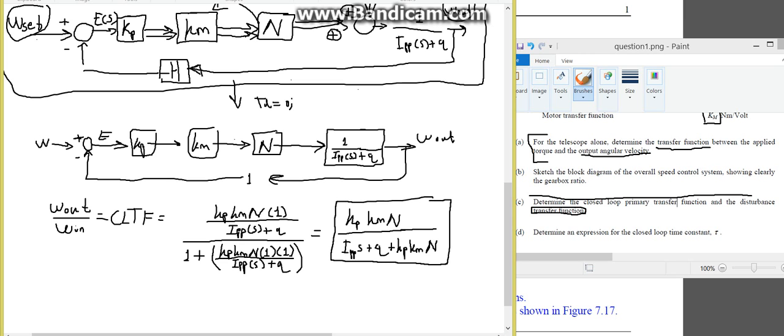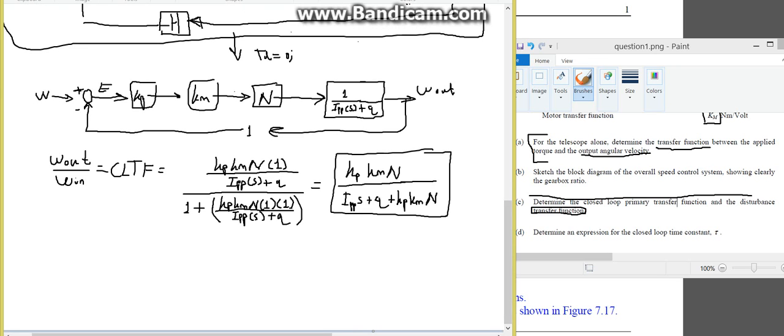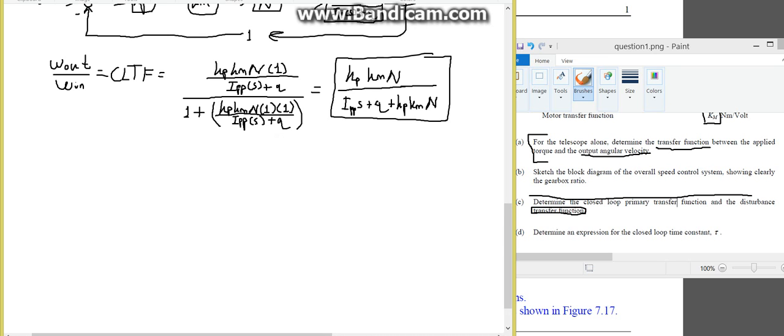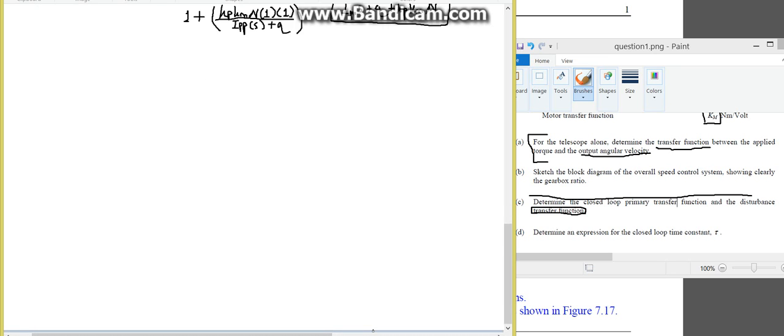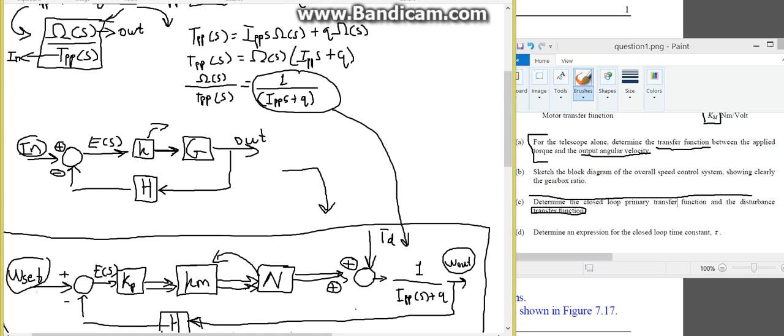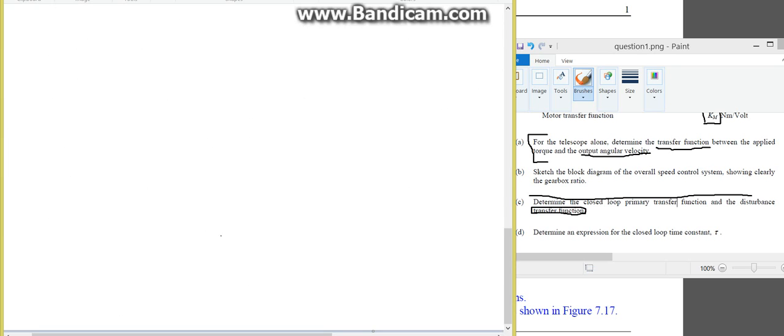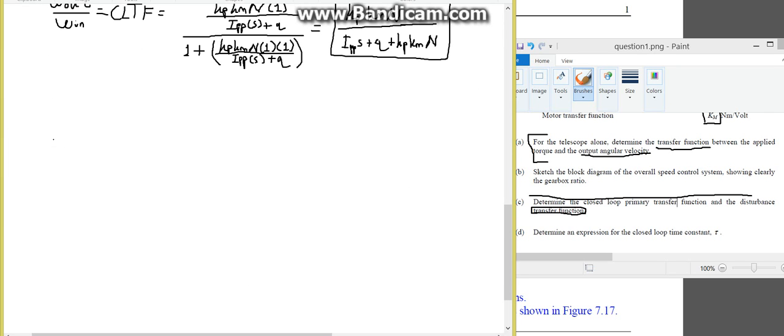Now, what happens when we do include the disturbance and we neglect the input this time? It gets a bit more tricky because you have to use a principle of working through block diagrams via the summing junctions. What do I mean by that? So first of all, you have your W in, your set angular velocity, to a summing junction of plus.